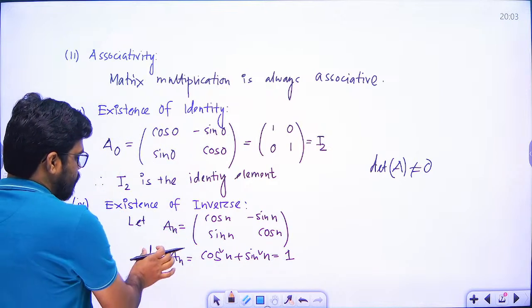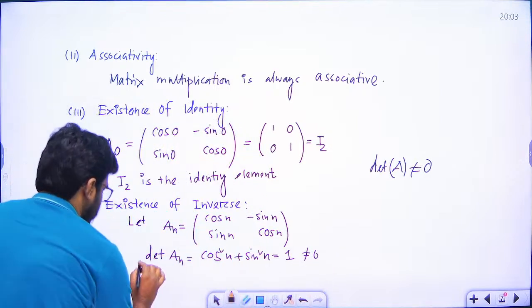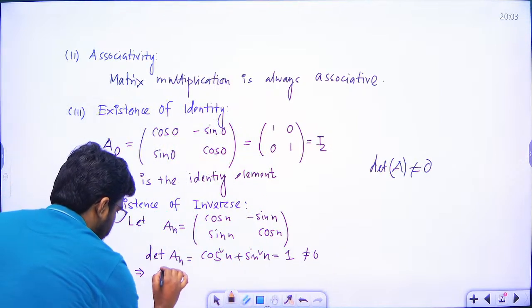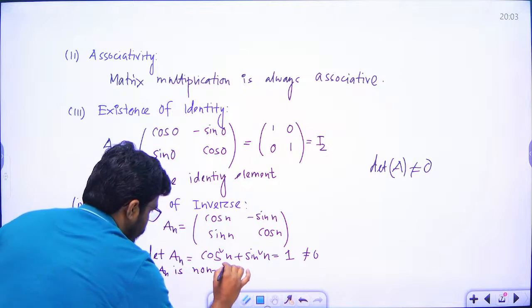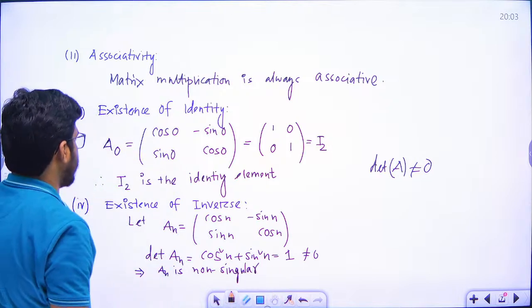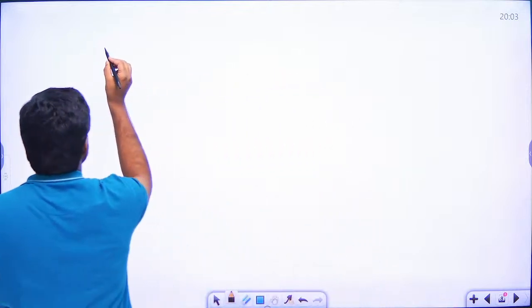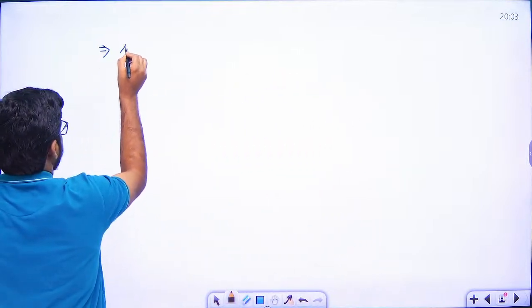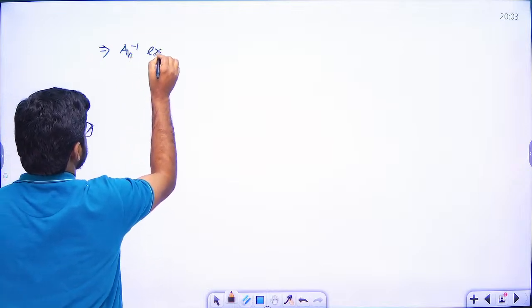That means determinant of A n is not equal to 0, so A n is non-singular, that means the inverse exists.